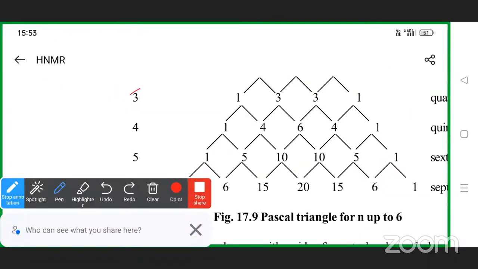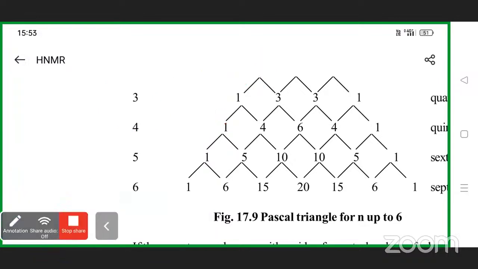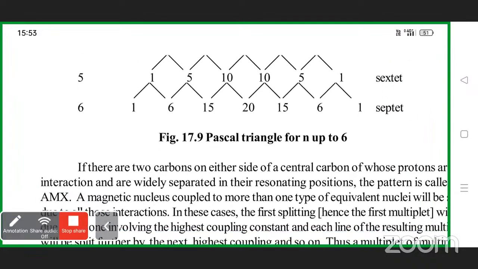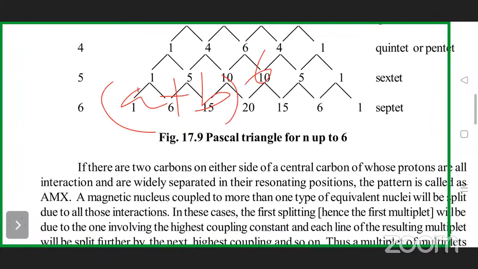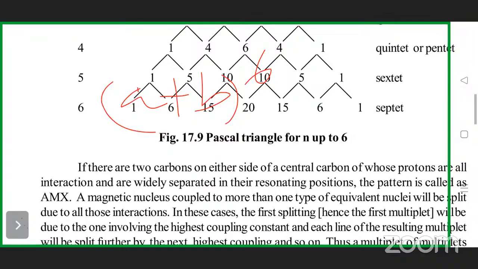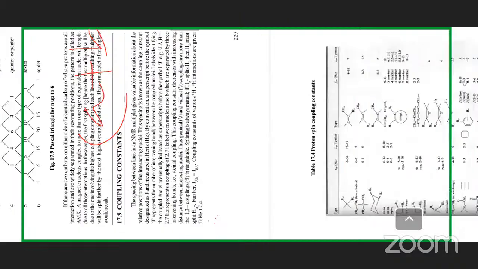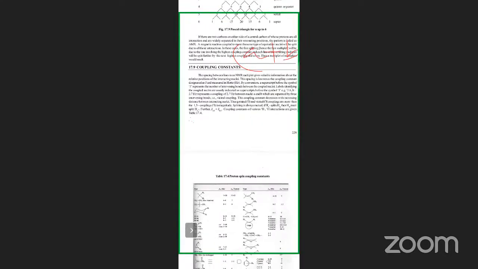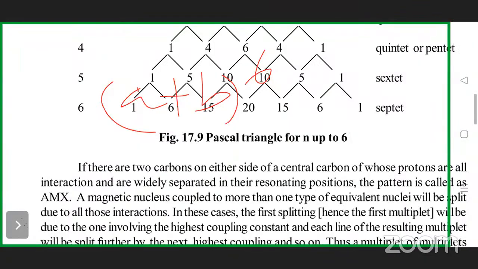In the Pascal triangle, actually, it is a plus b whole power n, and you derive the formula from it. I asked whether n is a maximum of 6 or can be 7. There is no maximum of 6 here; we have just taken up to 6.